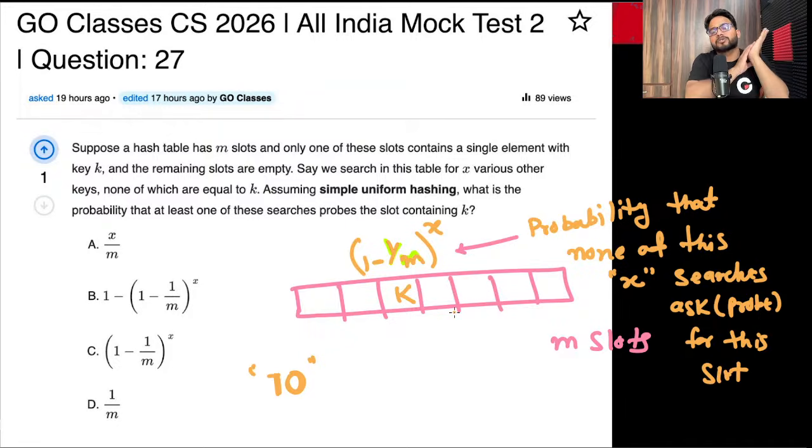In mathematical terms, none of this means the number of probes going to this slot is equal to 0.